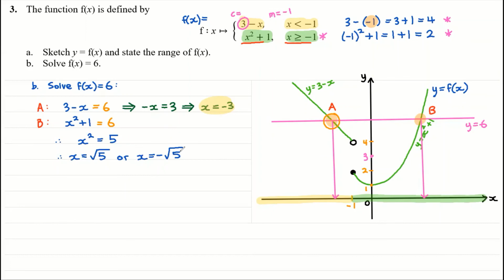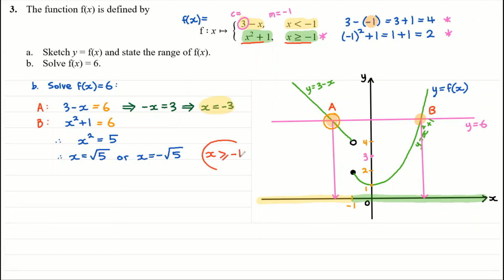Why do we have two answers when we clearly only have one? Well, when you solve an equation like that, you're assuming that you're dealing with the whole real line and you can accept all solutions. Remember that this is only valid when x is greater than or equal to -1.